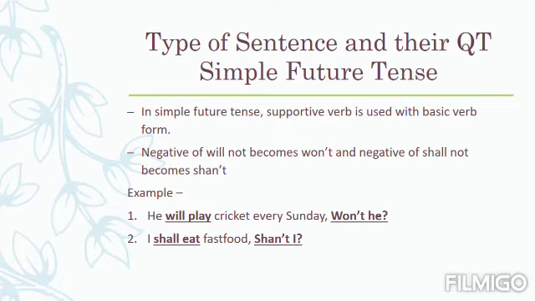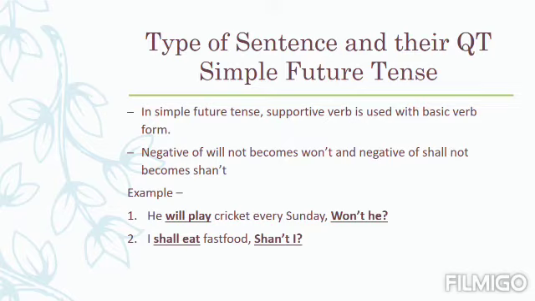First of all, put will, then the sentence is positive, its question tag will become negative, so put not. And here as a subject he has been used, so put he. This way the question tag will become will not he. The short form of will not is won't. The question tag will become won't he.